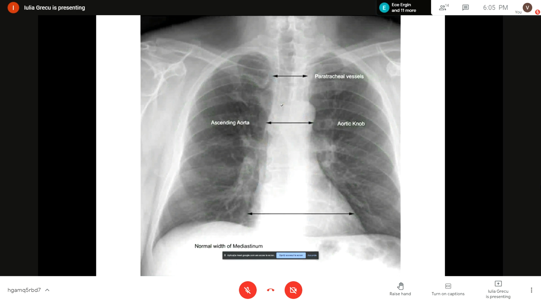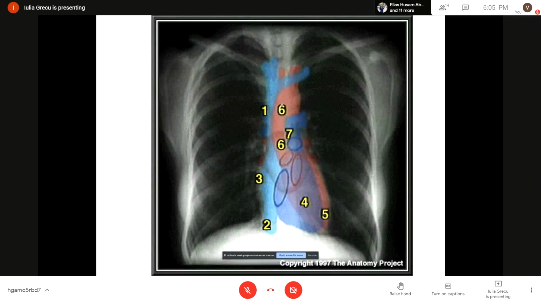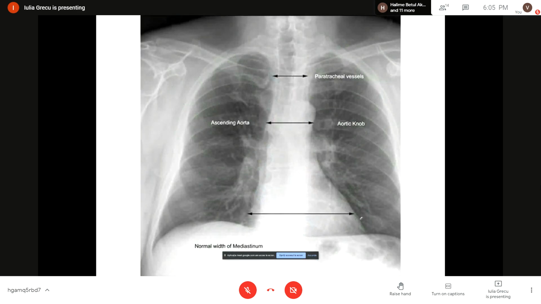What we have to assess alongside these arches is the dimension of the mediastinum, which correlates with the dimension of the heart. Usually the transverse diameter of the heart, as you see measured here, should not exceed more than half of the entire thoracic cavity.